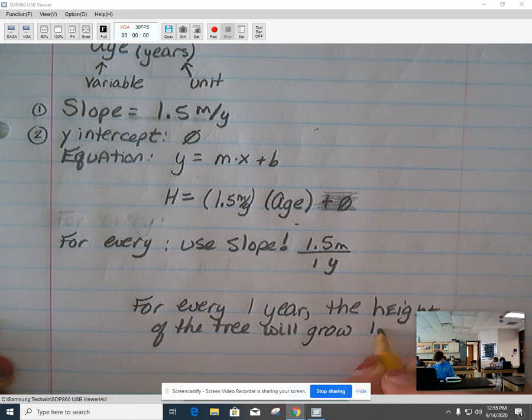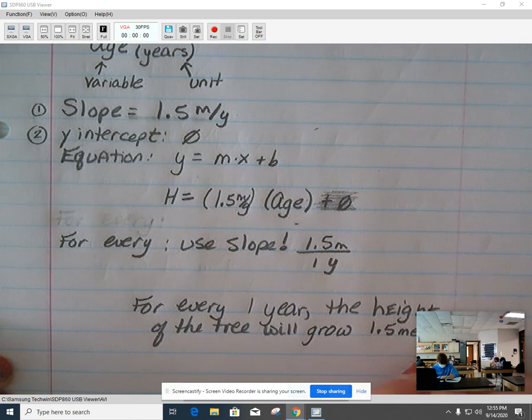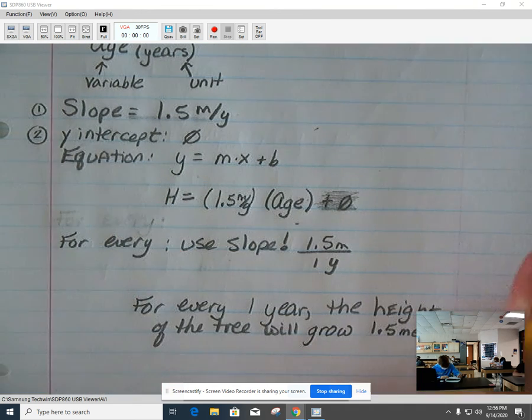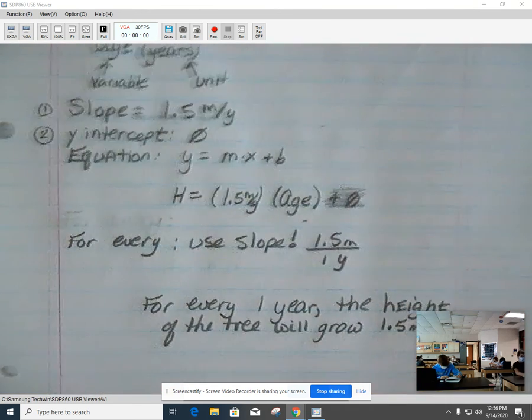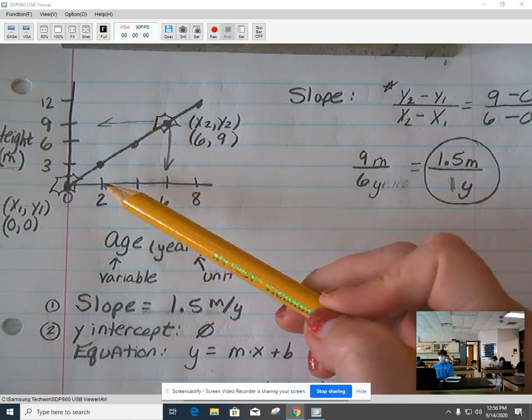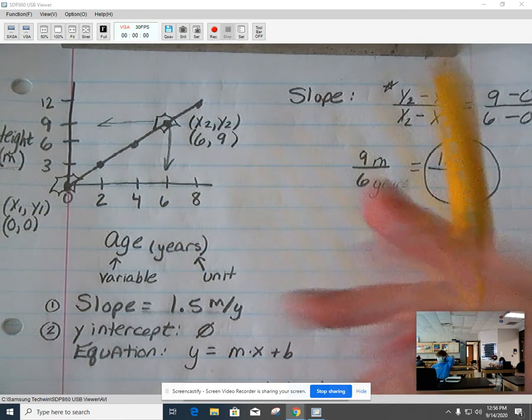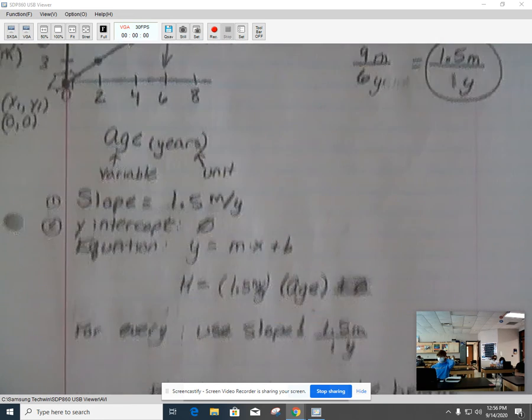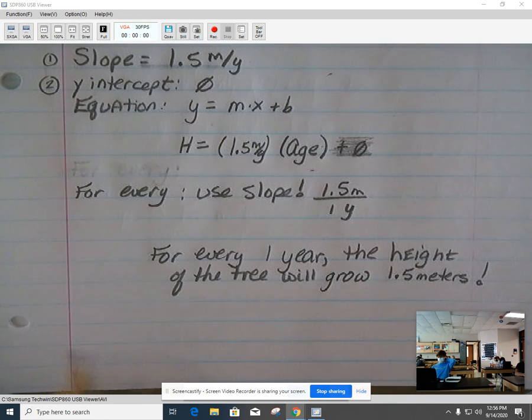Grow 1.5 meters. So if you have that upward trend like we do, we know it's growing and not shrinking. If it went in the negative direction, somebody could be chopping it down, right? Taking a meter off every year. But 1.5 meters. That is a lot of information from one graph, isn't it? It's a ton.